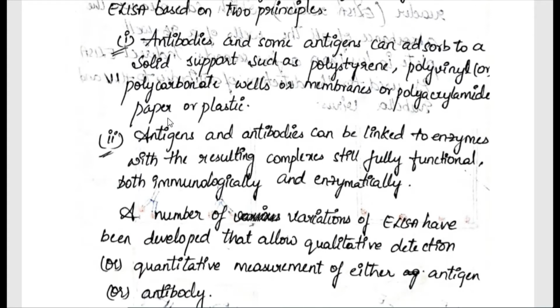This is going to be like a tissue paper, but made with all these substances. The second one is that antigens and antibodies can be linked to enzymes. That's why we call this enzyme linked immunosorbent assay, with the resulting complex still fully functional, both immunologically and enzymatically.